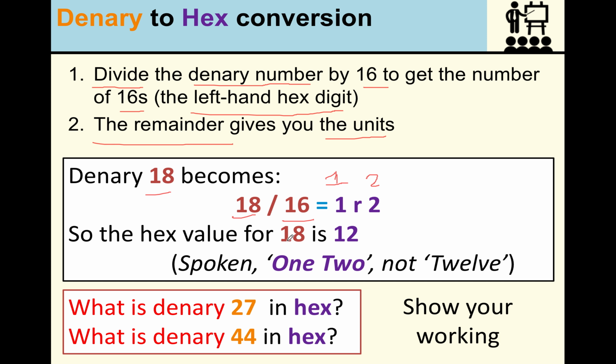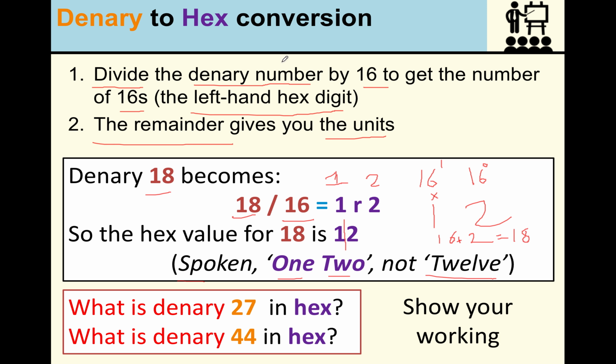So the hex value for 18 is 1, 2. Be really careful. It's not 12, it's 1, 2. That's how we speak in hex. And if we reverse that, with 16 to the power 1 and 16 to the power 0, that would be 1 times 16, which equals 16, plus 2, which gives me 18.